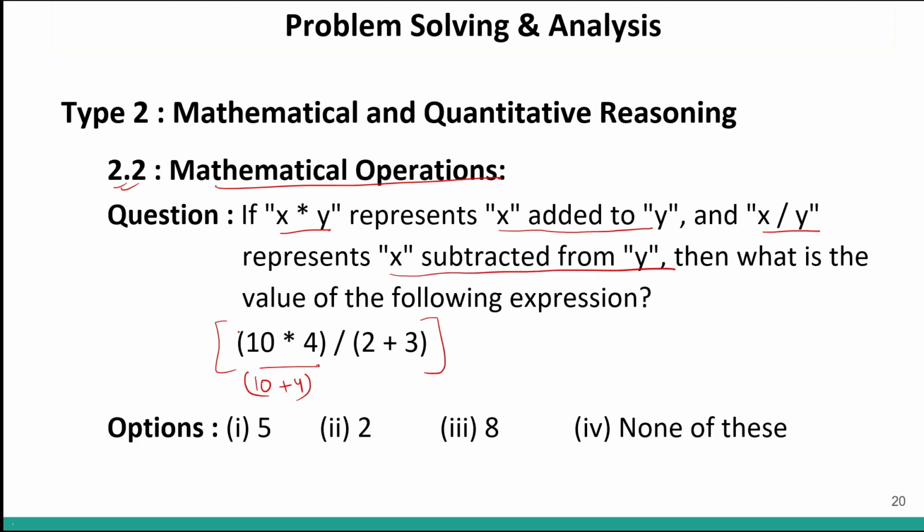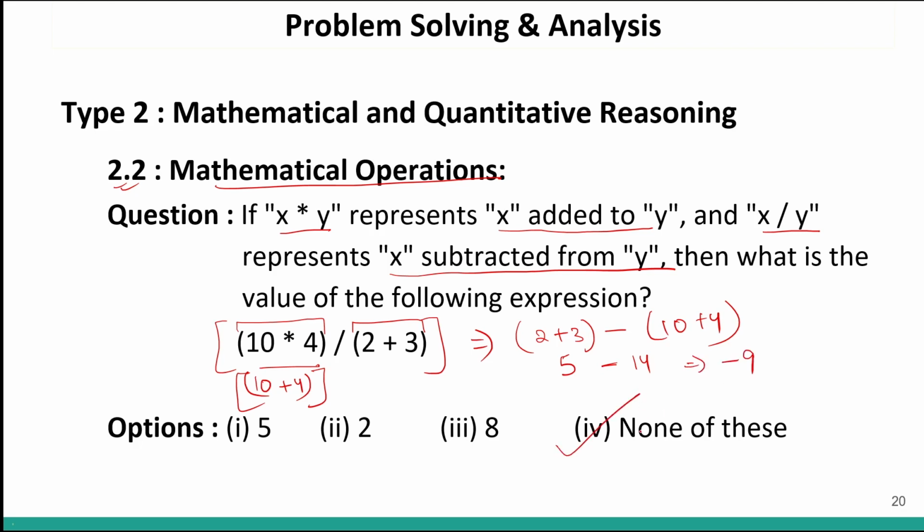So this element divided by this element basically means 2 plus 3 minus 10 into 4. This is how you solve questions for mathematical operations. Now 10 into 4 is represented as 10 plus 4. Correct? So this will be my final equation. Now I have to solve this. So this will be 5, this will be 14, so 5 minus 14 will give me minus 9. So the answer will be option number 4, none of these.